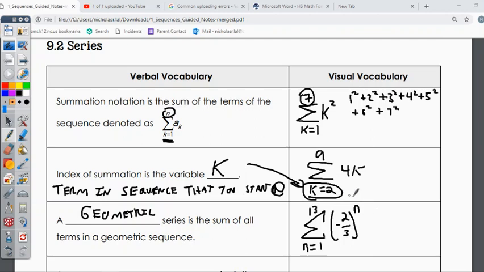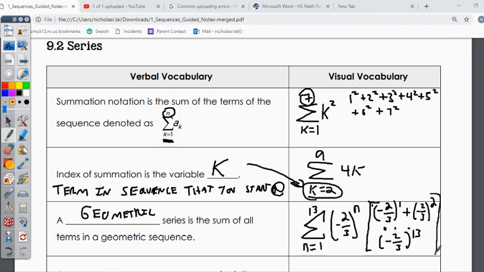So what this series would look like, if you were to draw it all out, is negative 2/3 to the first power plus negative 2/3 to the second power, and you keep on adding terms until you get negative 2/3 to the 13th power. Then you hit your stopping number at the top, and that's when you stop adding your terms.